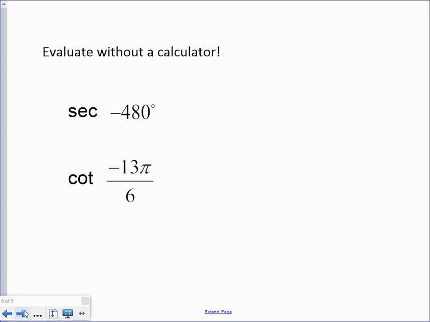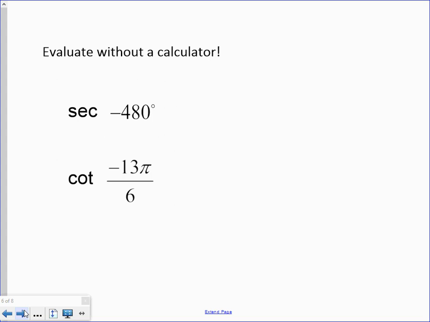Maybe talk with your groups. See if you can come up with answers for secant of negative 480 and cotangent of negative 13 pi over 6.